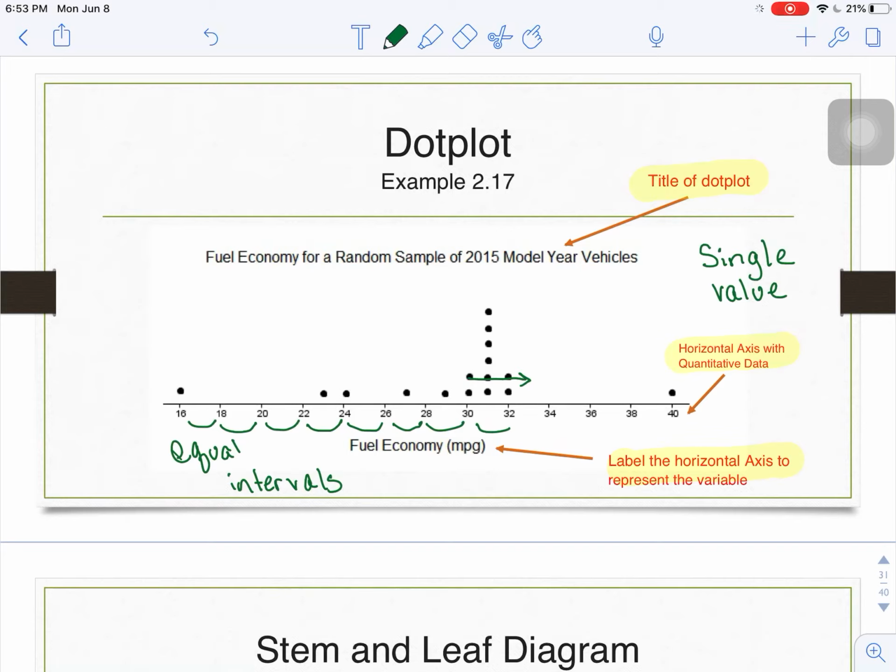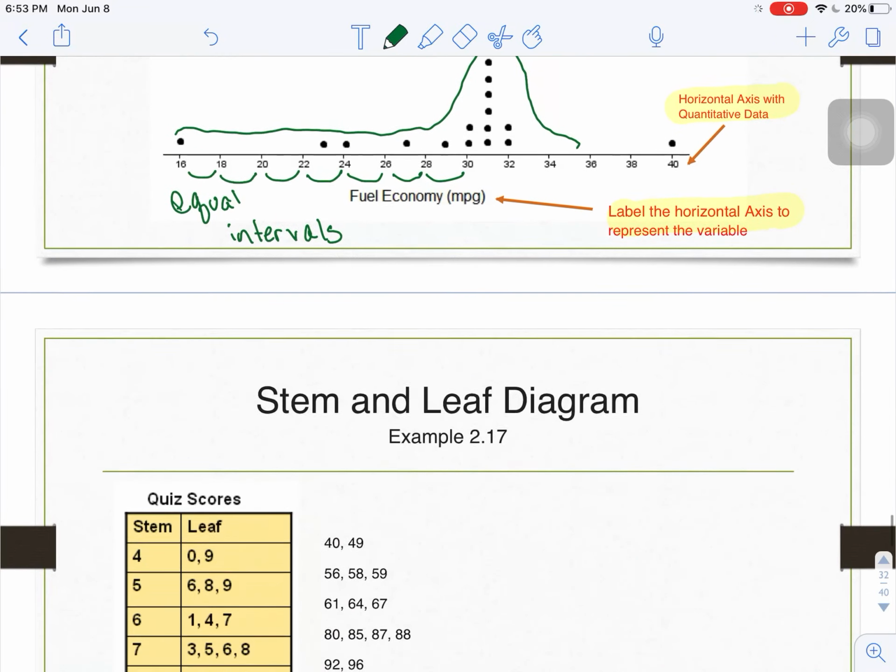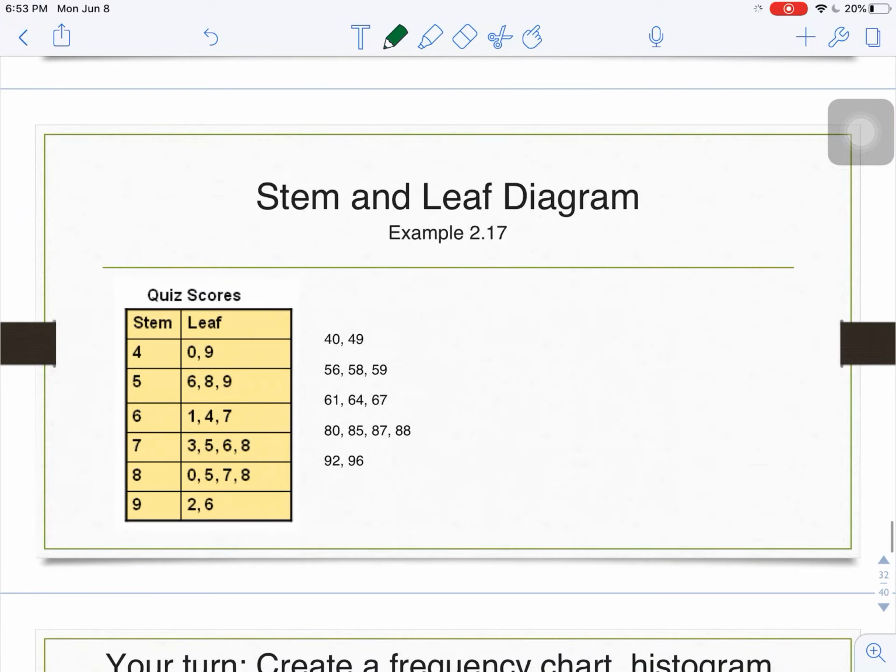So we want to be consistent about the height that we're making our gaps between dots as well. Because eventually we're going to get to bell curves, so we're going to look and we have this right here, and then we've got a peak, and then it goes down again.